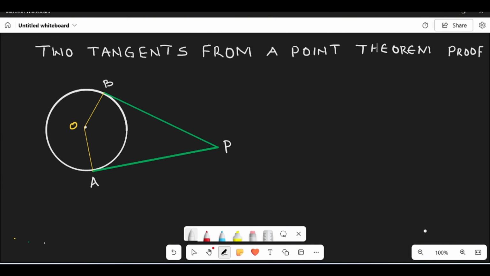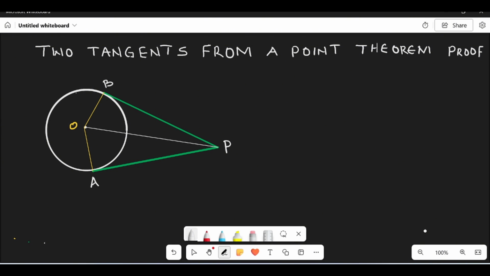Let us prove the theorem. Let us consider this diagram. This is our circle with center O. PA and PB are our two tangents. Now let us join OP by drawing a straight line.